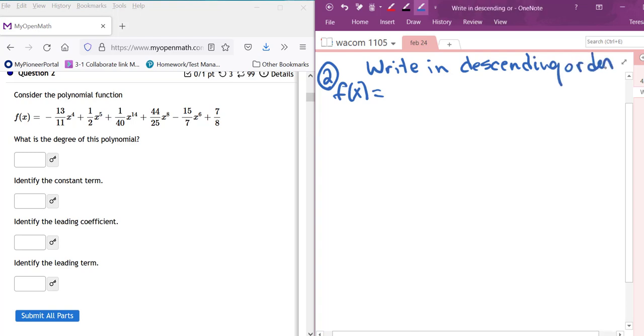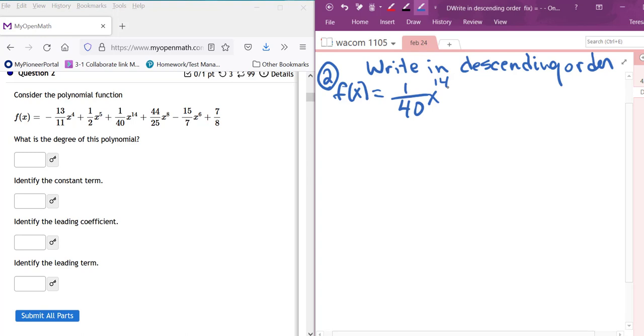And so the one with the highest exponent should go first. So 1/40, and make sure that you watch your signs when you're switching this. x to the 14th. And then you're going to go down.